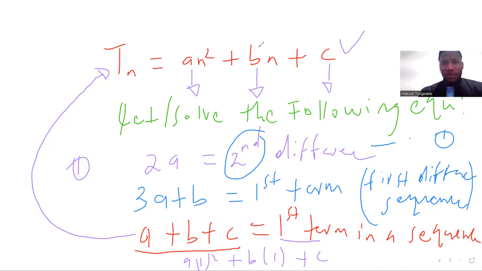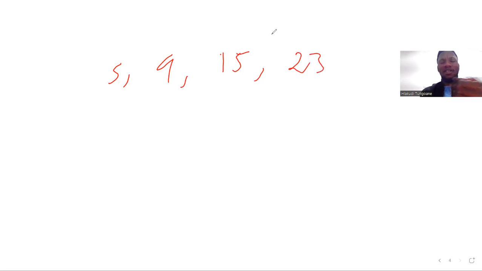Okay, so remember the sequence that I gave you. It was 5, 9, then let me think. No, it was 5, 9, 15, 23. That was the quadratic sequence example that I gave, right?